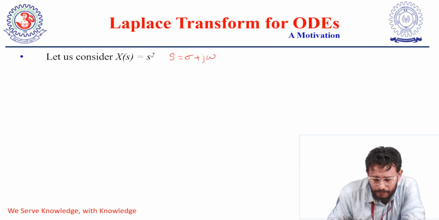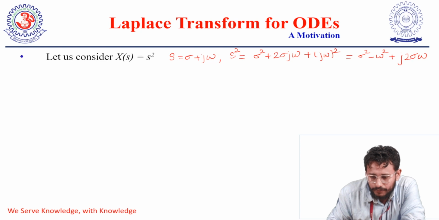Now, if I square that, how would s squared be written? That's how you'd expect it to be. And j squared is -1 there, so we'll get sigma squared minus omega squared plus j times 2 sigma omega. That's what we'll get.